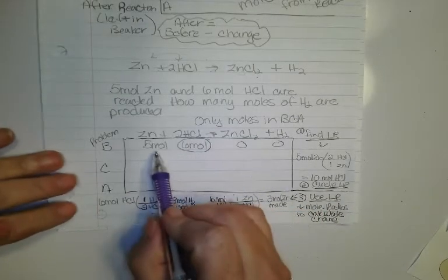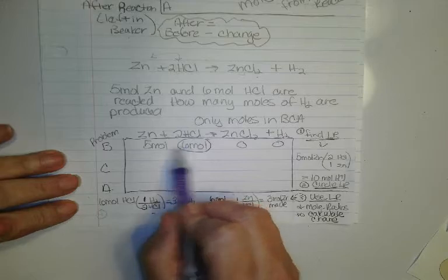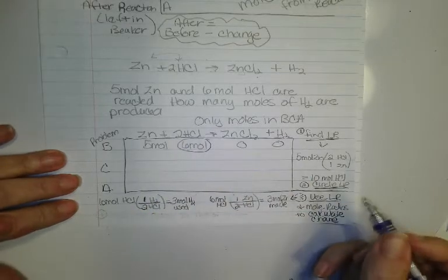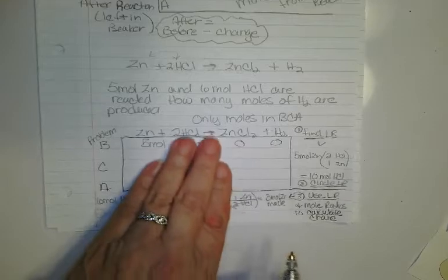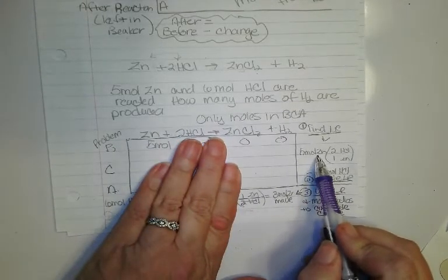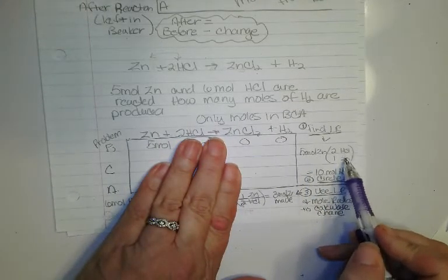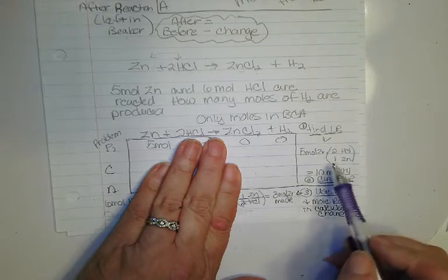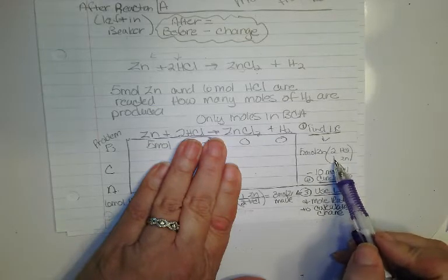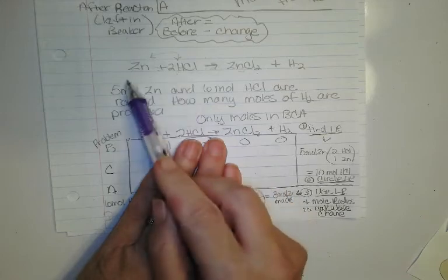And now I need to figure out which one is going to be the limiting reagent, and I just do that using my mole ratio. So I cover up one and I check. If I have 5 moles of zinc, how much hydrochloric acid will I need? That's going from moles to moles. That's your mole ratio. So 2 to 1 from the balanced equation, right? 2 and 1.